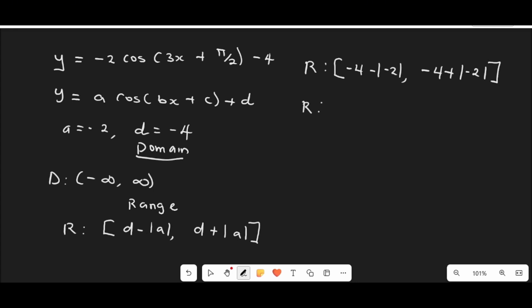Absolute minus 2 will give us 2, so minus 4 minus 2, comma, minus 4 plus 2. Our range will be [minus 6, comma, minus 2].